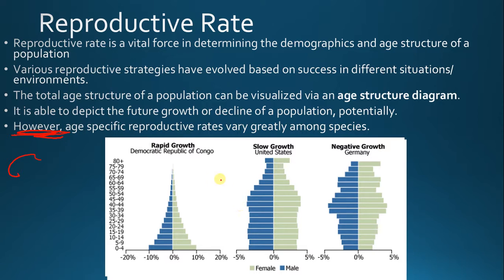So an age structure diagram has the ages or age bands of different organisms on the side, and then the percentage of organisms, males and females, of the total population that are in that age range. And so generally, if we see an age structure diagram like this, exemplified by the one for the Democratic Republic of the Congo for humans, we see a lot of younger individuals and far fewer older individuals.